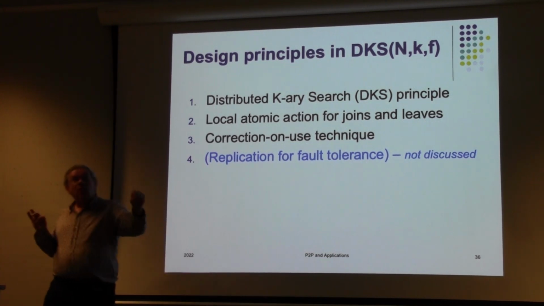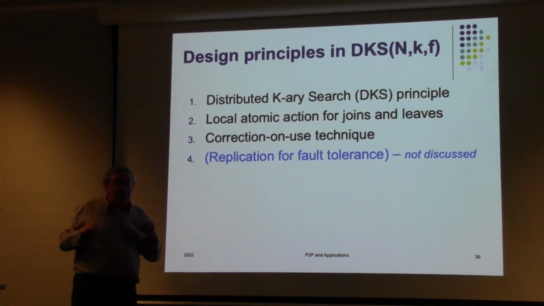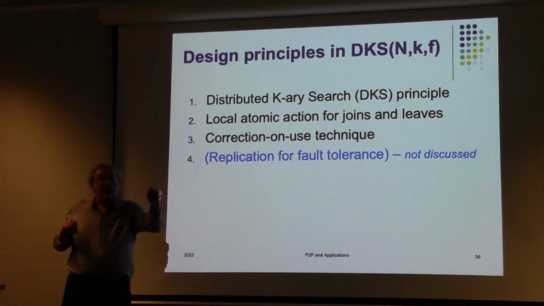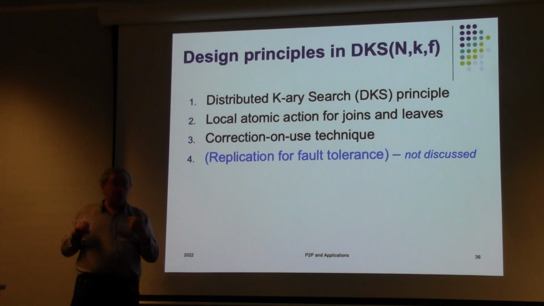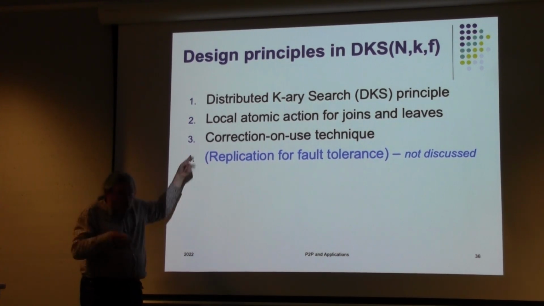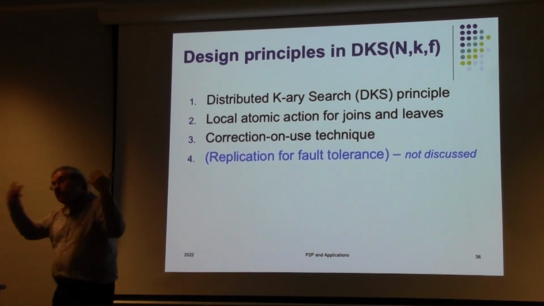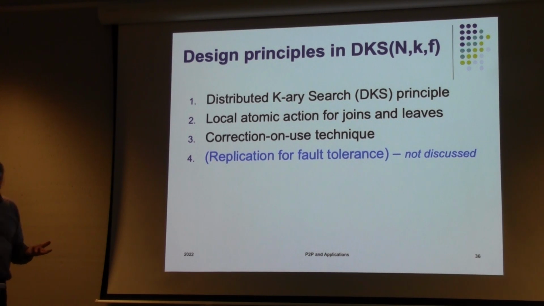And I notice there's a mistake, maybe a node that has crashed, for example. When that happens, I send a message back to the node that did the lookup to fix it. But this is during the normal lookup. It's called correction on use. So you're always fixing the routing tables during normal operation.